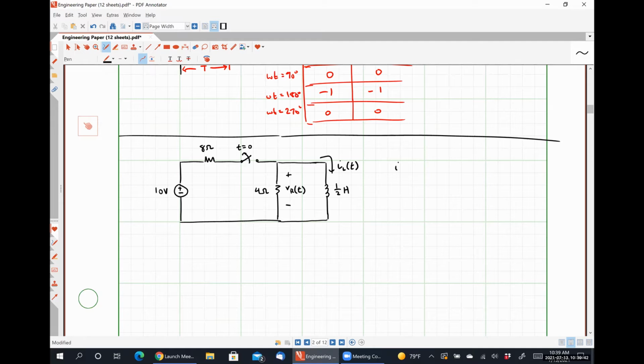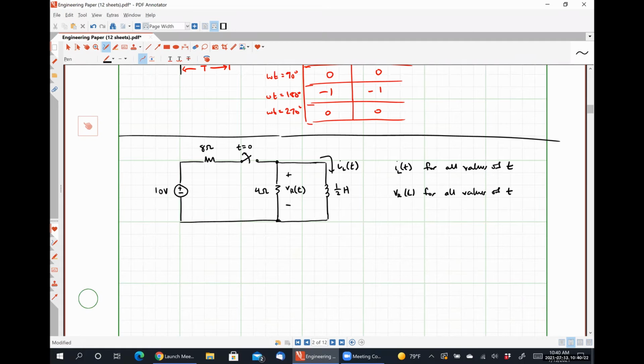So to be clear here, we're going to figure out IL of t, and we're going to figure out VR of t for all values of t. Okay? So we are going to effectively do no calculus whatsoever, all right?